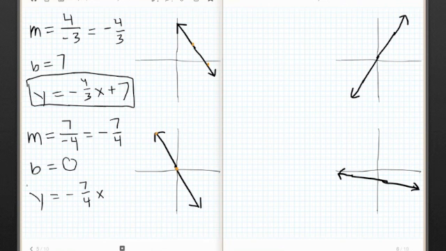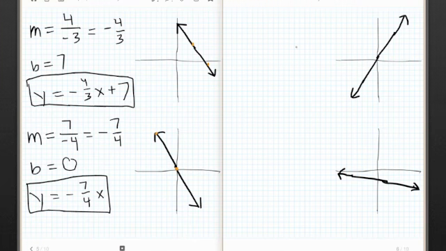No, we're not, because plus 0 doesn't change anything. Just like if you have a 1 as a slope, if you have 0 for a y-intercept, plus 0 doesn't affect the equation in any way, so we're just going to leave that out. And so this is just y equals negative 7 over 4 times x.